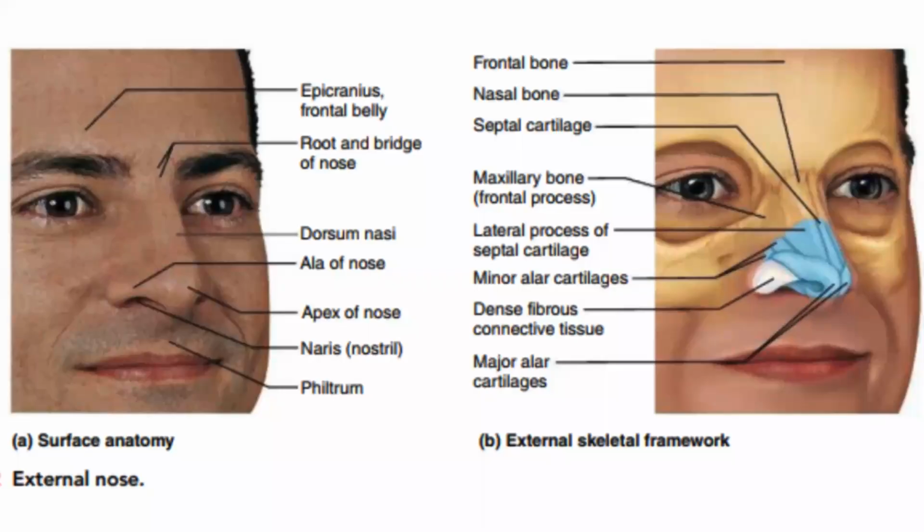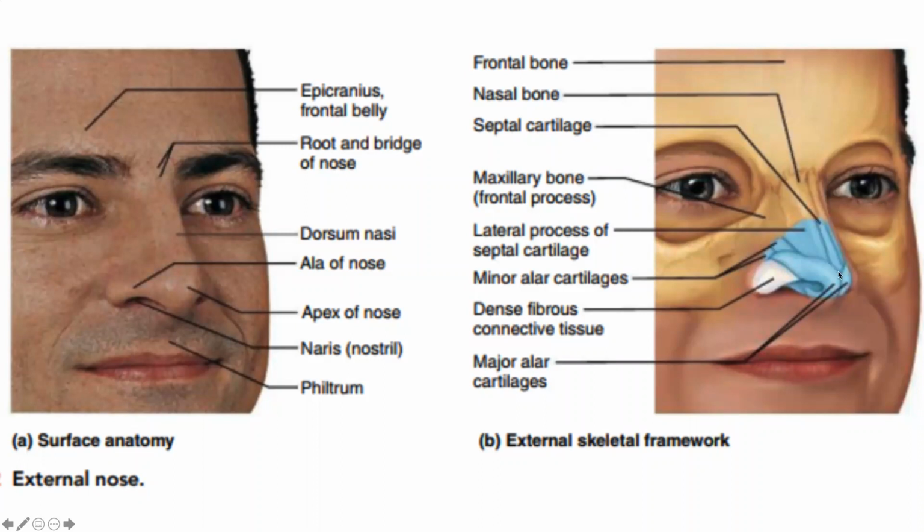So now let's look at our nose, because the nose is the only structure of the respiratory system which we can see from outside. The nose is made of a bony portion and a cartilaginous portion. The bony portion comes from the nasal bone here.